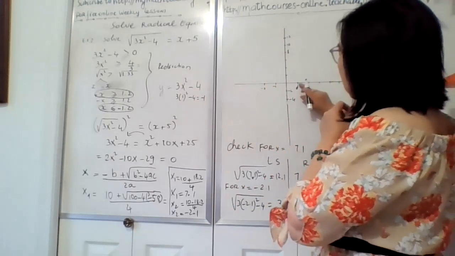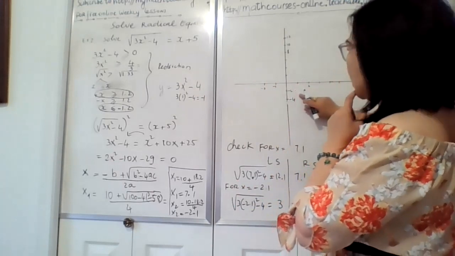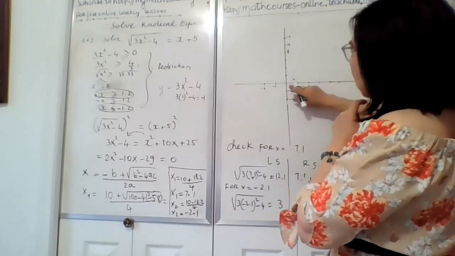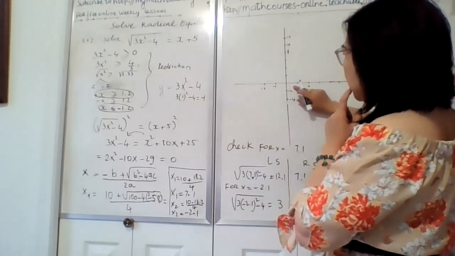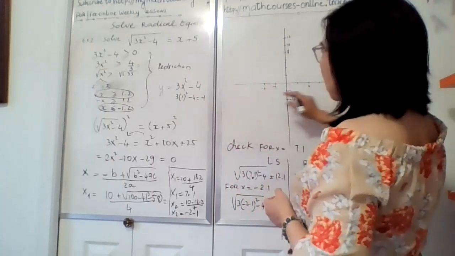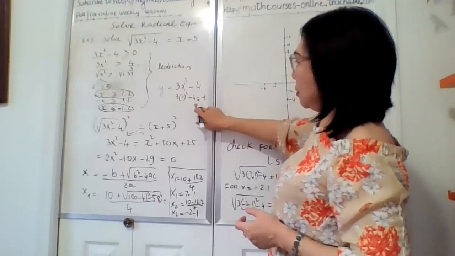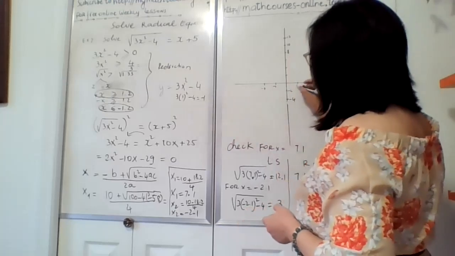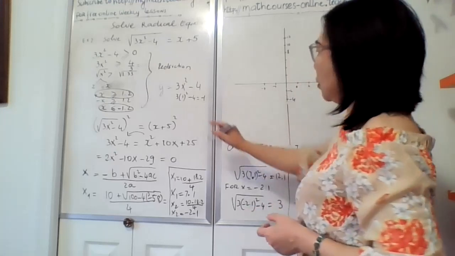Why don't we just sketch the basic shape and do the transformation? Or we can plug in the points, it doesn't matter. If x is 1, y is 3 times 1 is 3 minus 4 is minus 1. So I put this one point on our parabola.